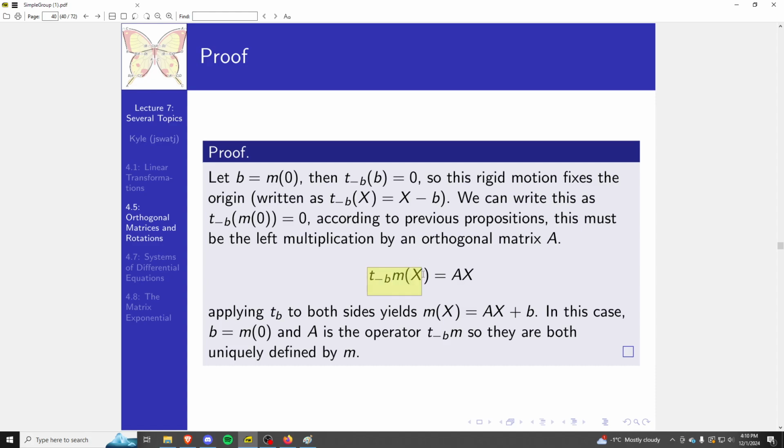And so now we can write this composition, because it's sending 0 to 0, as some orthogonal matrix times the column vector x.